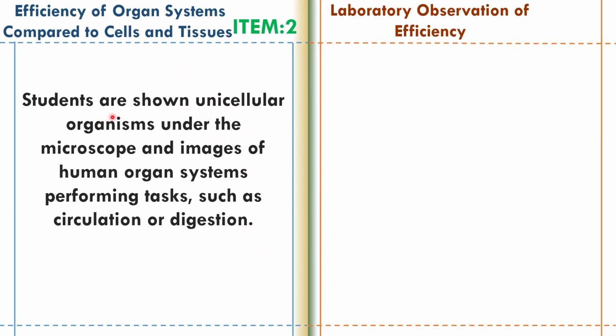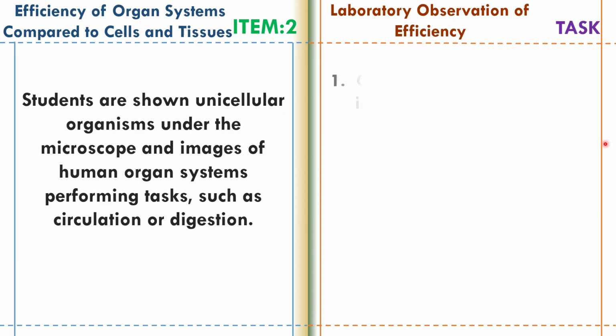Efficiency of organ systems compared to cells and tissue. Item 2. We are going to look at laboratory observation of efficiency. Students are shown unicellular organisms under the microscope and images of human organ systems performing tasks such as circulation or digestion.